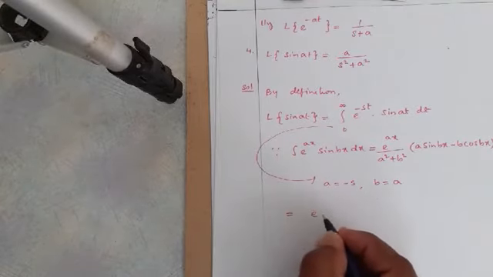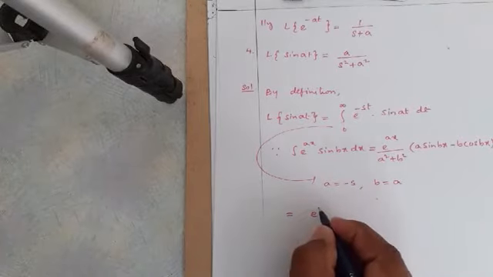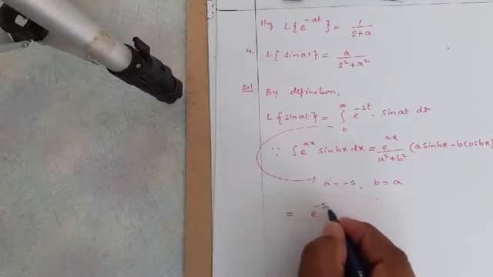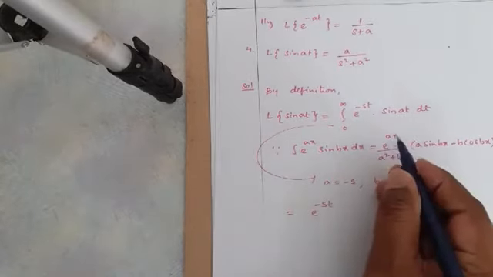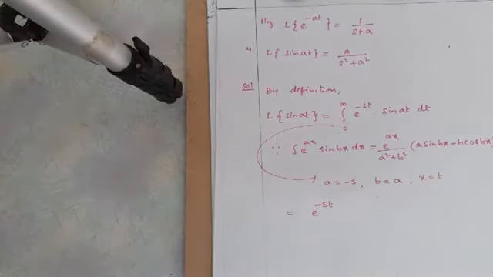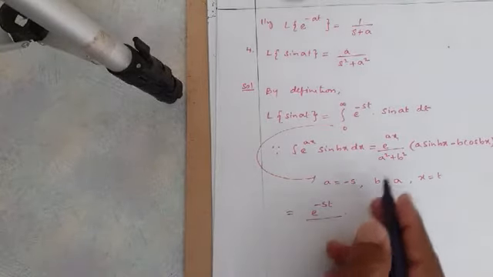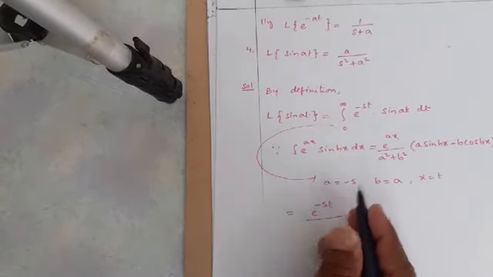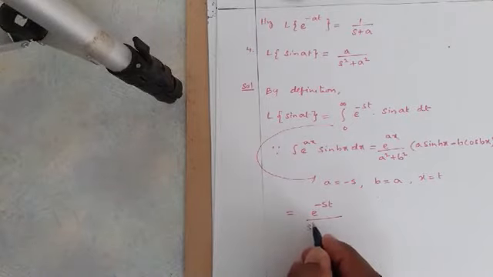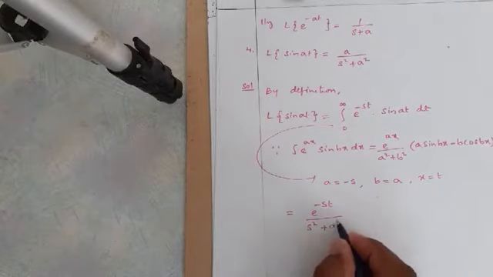Now this is equal to e^(ax), in the sense e^(-st), because x is nothing but t here in this problem. So we write e^(-st) upon a square, which is minus s whole square, so you get minus plus, so s square plus b square, and b is nothing but a, so you get a square.